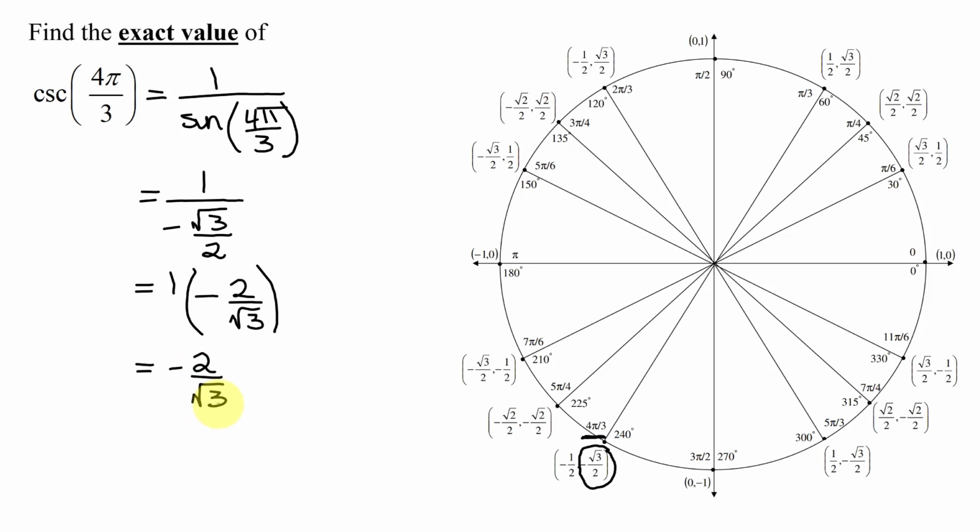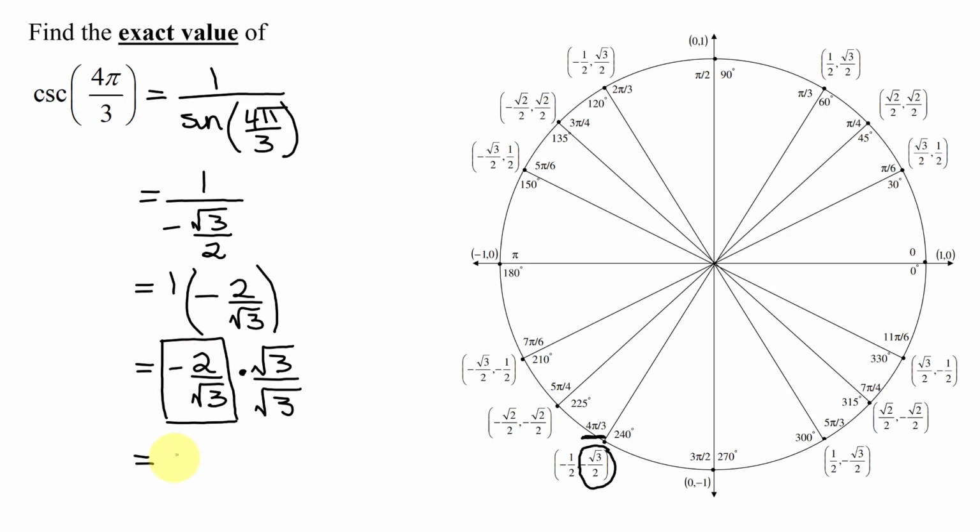Now, if you do not need to rationalize the denominator of your answer, you can leave it in this form. But if you need to rationalize the denominator of your answer, you multiply numerator and denominator by the square root of 3.